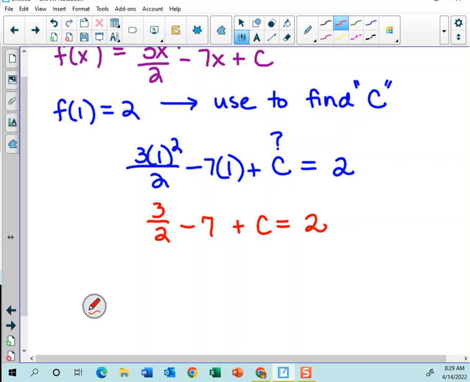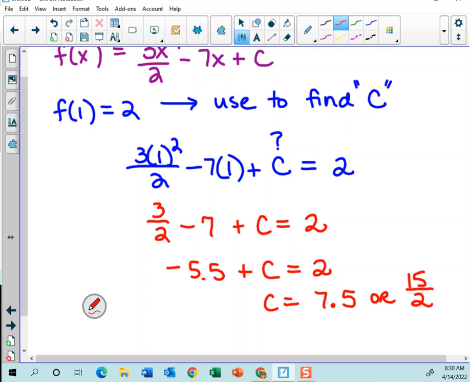You know, decimals that are halves are pretty good, fine to use. Decimals, when we're talking about like a repeating decimal, sometimes the fraction is more accurate and nicer to use. I think in this case we could go either direction. So negative 5.5 plus c equals 2. So c equals 7.5 or 15 over 2. Okay. If we wanted to do it with all fractions.